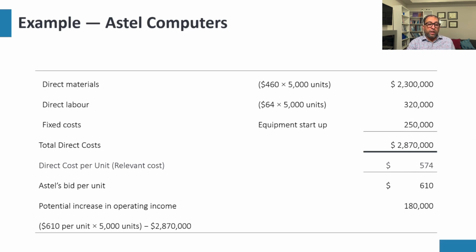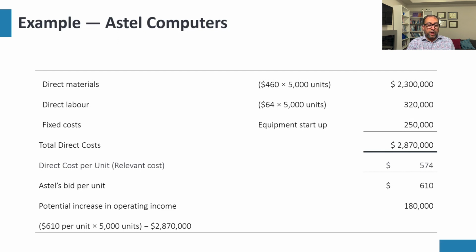Direct material for these 5,000 units is going to cost us $460 per unit, and we see that it is $2.3 million direct material cost. Direct labor cost is $64 per unit, and for 5,000 units, $320,000 is the direct labor cost. Then fixed cost, equipment startup, is 250,000. So total direct cost is 2.870 million.